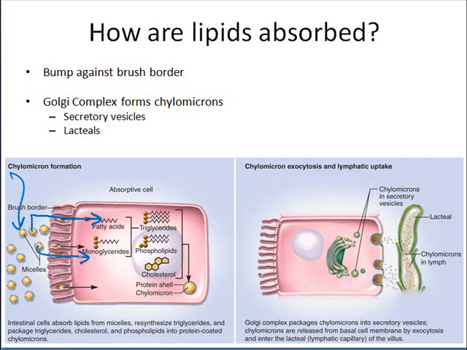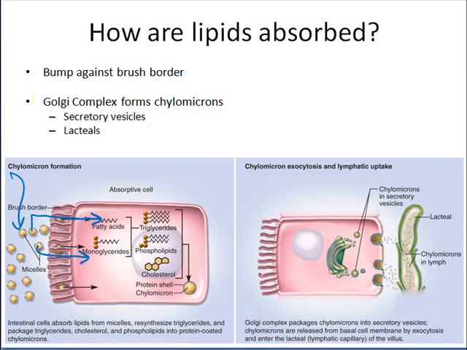So every time a micelle bumps up against the brush border, a few of these fatty acids and a few monoglycerides are allowed to pass through the plasma membrane, and they are incorporated into the absorptive cell, into that intestinal cell, and then something odd takes place.